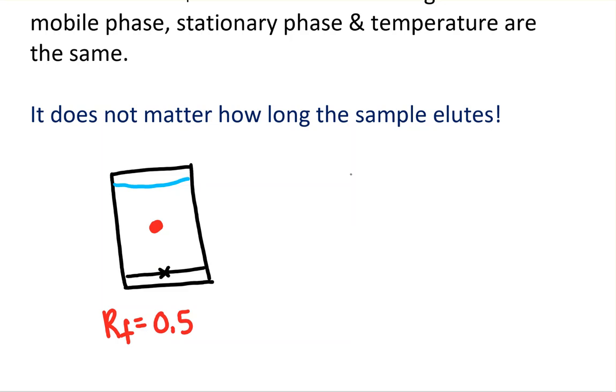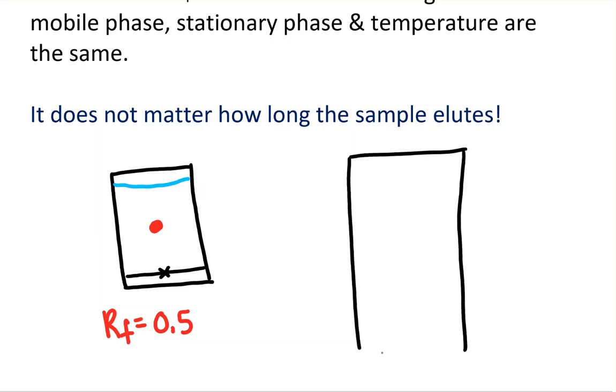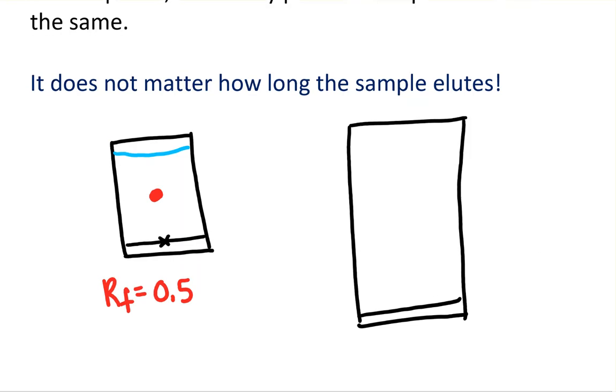Well, if I took a larger piece of paper and it took longer, so maybe this one took 20 minutes, but this one took an hour, and I let it run till the solvent was all the way up there, where do you think this red spot would end up?